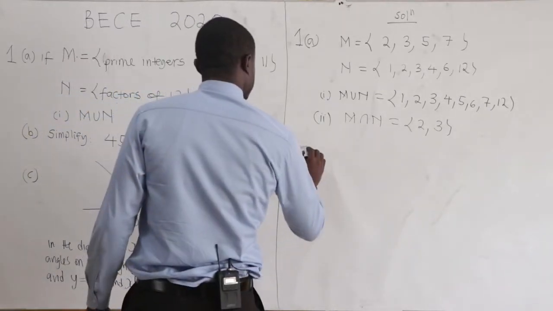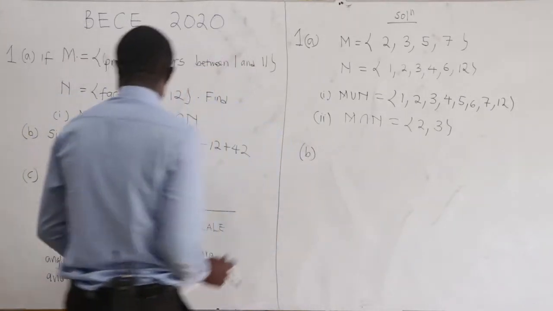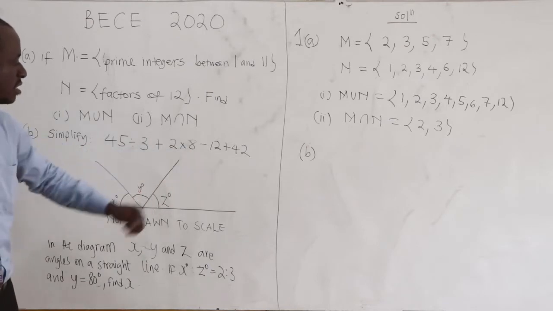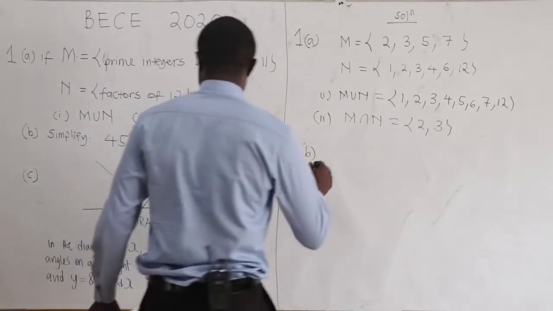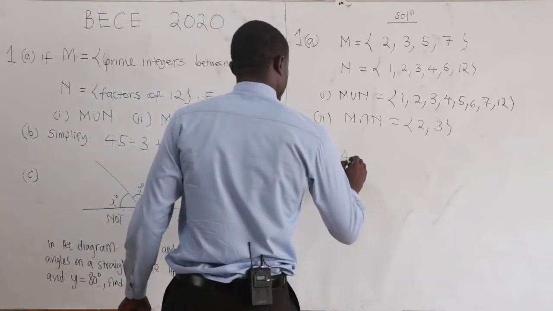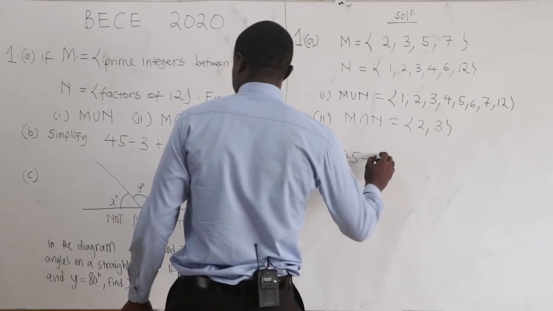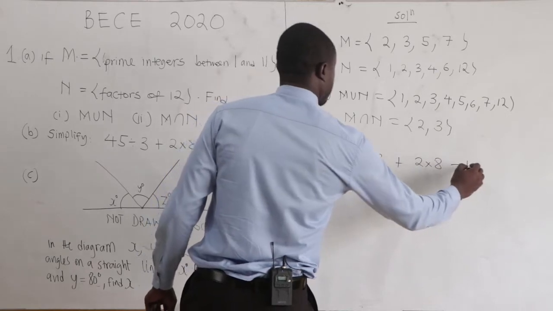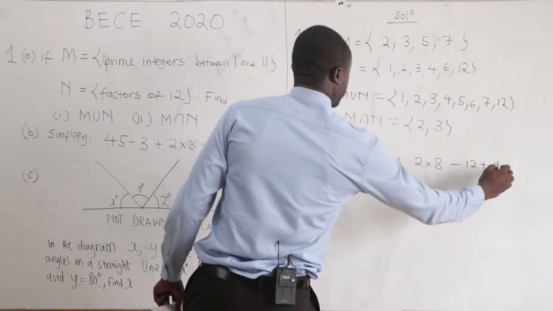Now let's see our b. The b says simplify 45 divided by 3 plus 2 times 8 minus 12 plus 42. So let's see, 45 divided by 3 plus 2 times 8 minus 12 plus 42.